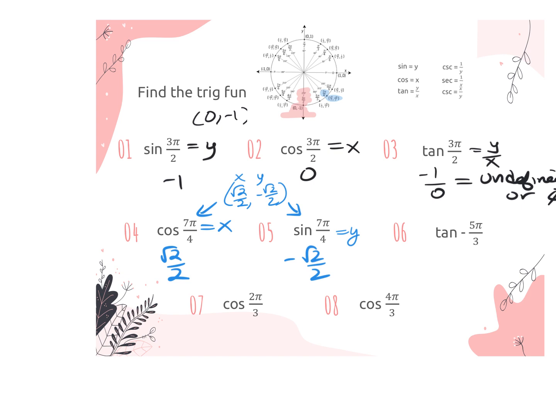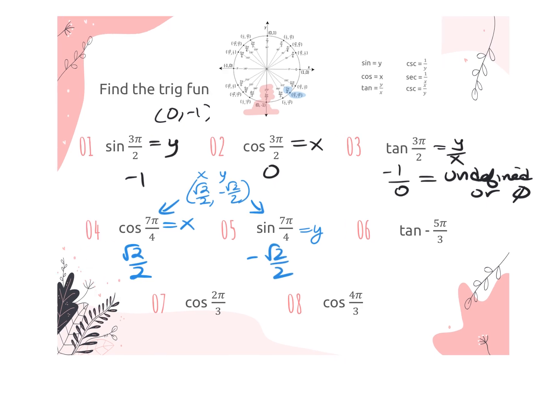So if they give you an angle that is not on the unit circle, we need to find the coterminal angle. For negative 5 pi over 3, we add 2 pi to get it to be one of the numbers on the unit circle. Now in the homework, you may have to add or subtract 2 pi more than once. For this one, I'm just going to do it one time.